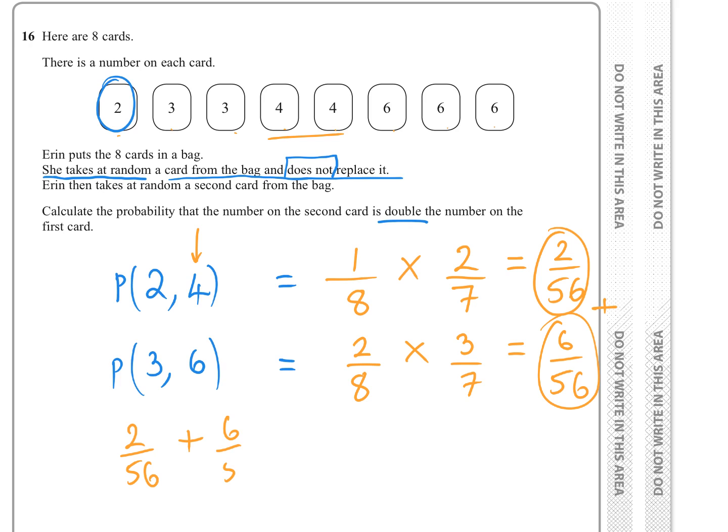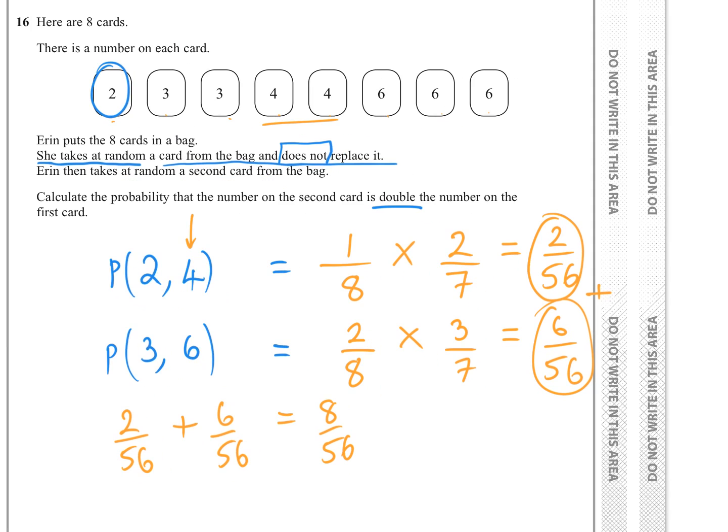And we'd have here 8 out of 56. We could cancel that down to 1 in 7. You can use your calculator to help you for that if you want, but either of those are fine. I generally like keeping the denominator in the non-cancelled form, because it gives me a total number of possibilities in the context of the question. Whereas this 7 doesn't do that for me.